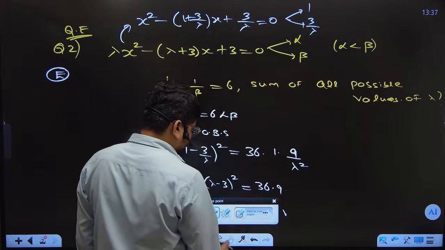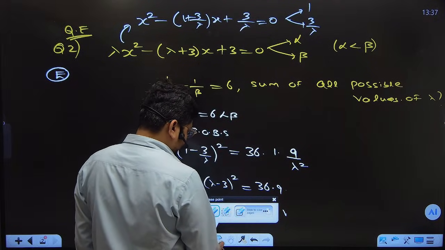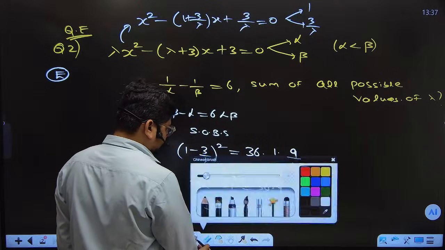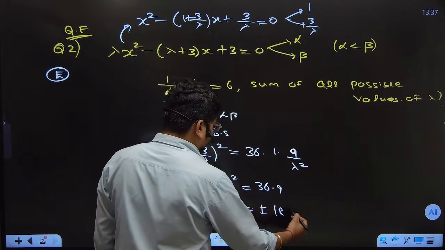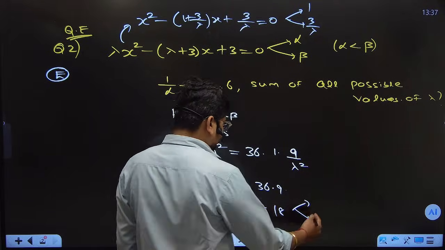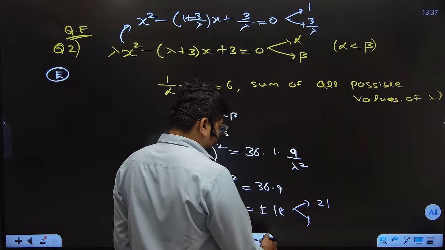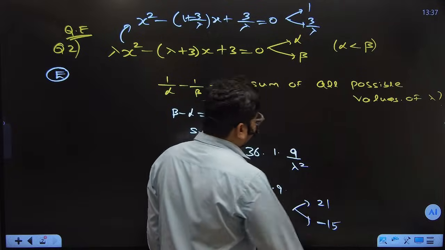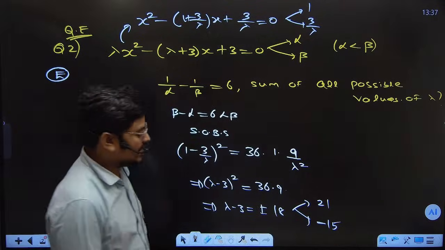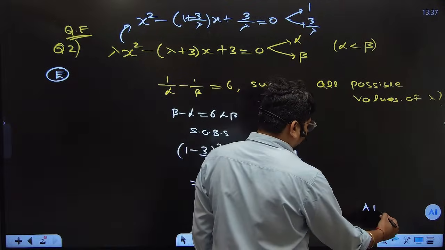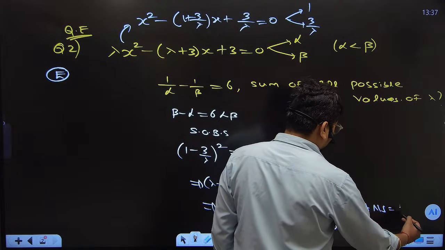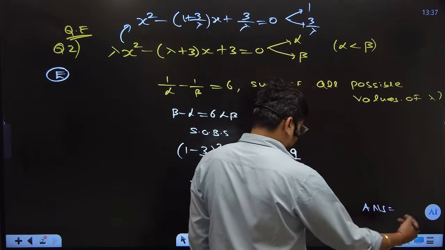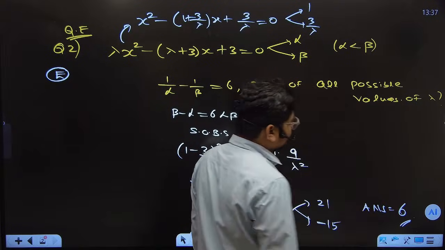So I can write plus or minus 18, right? So this gives me values of lambda as 3 plus 18, which is 21, or the other, you'll get 3 minus 18, which is minus 15. Now they're asking you the sum of all possible values of lambda. So your answer has to be 21 minus 15, which is, what sir? 6, right? Another easy question.